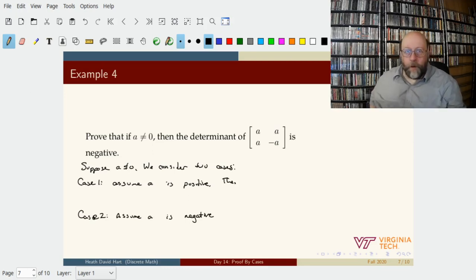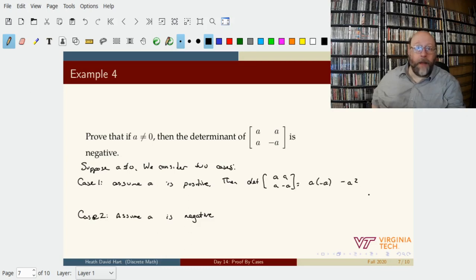Well, then the determinant of A, or the determinant of the matrix, will be a times negative a minus a squared. This will be a positive term, and this will be a negative term. And a squared will be minus a positive term.